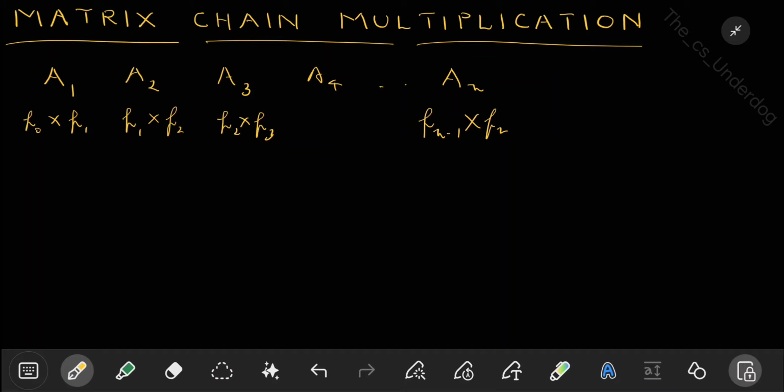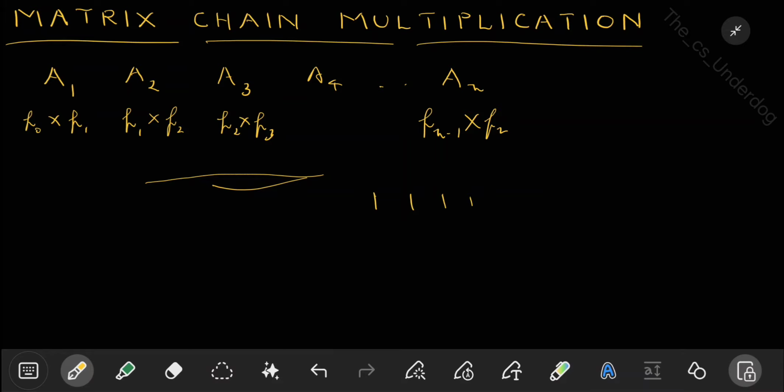The idea is to break this problem, which is a larger problem, into smaller sub-problems, and then we'll store those results so that further redundant calculations can be avoided. This is the idea we are going to follow. So this is the basic of dynamic programming. In all the dynamic programming problems, we'll have this pattern.